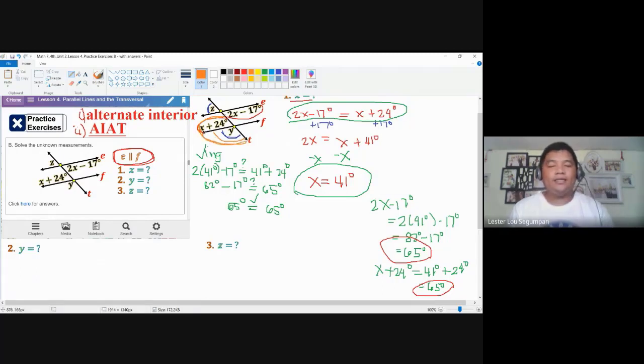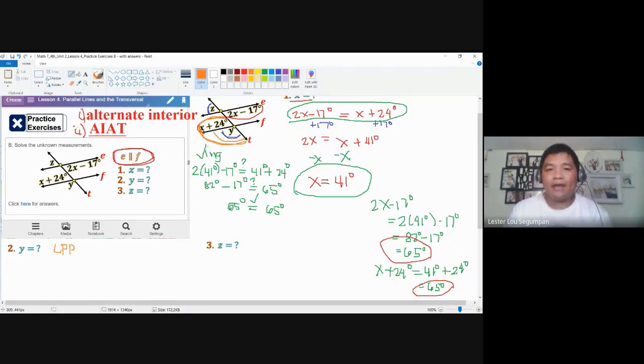As a reminder, we could always use the pairs of angles we have learned in the previous lessons, specifically the concept of vertical angles and angles forming a linear pair. In this case, angle y and the angle which measures x plus 24 degrees are angles forming a linear pair.